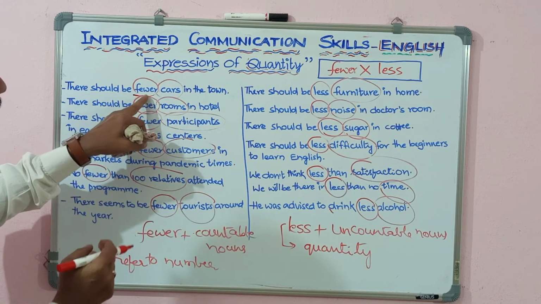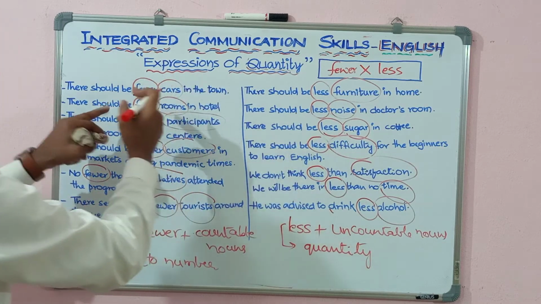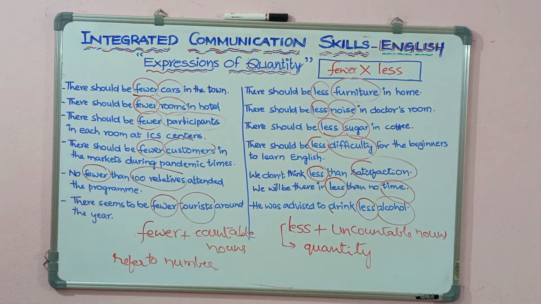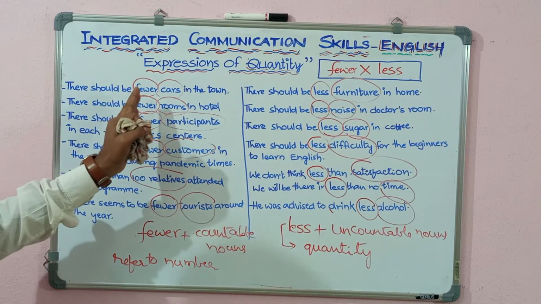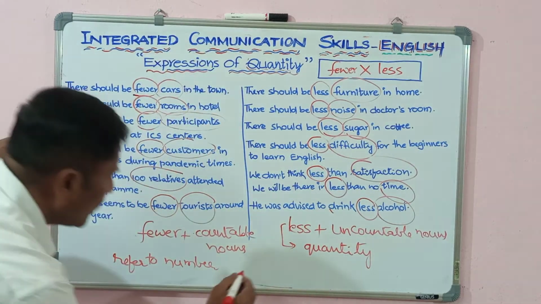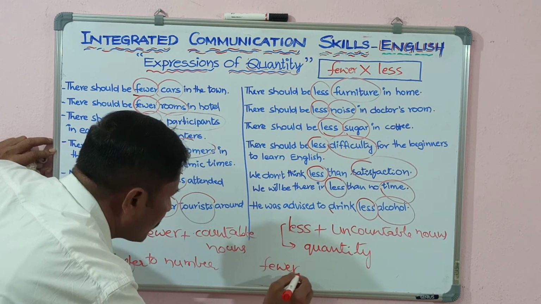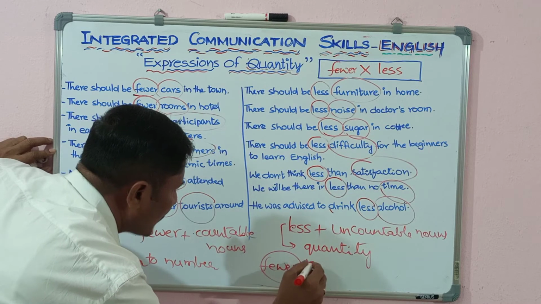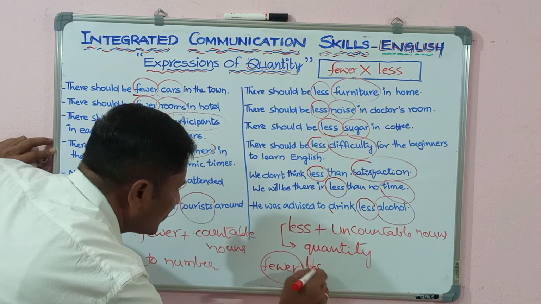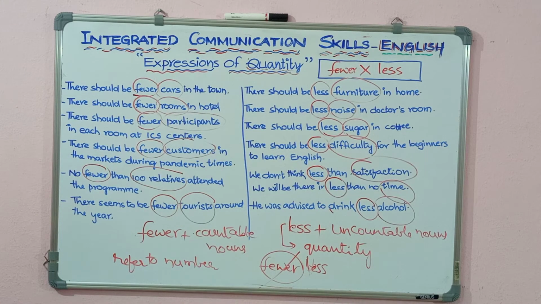Instead of fewer we use less, and instead of less we use fewer. That is the great mistake that we generally make while using these. While there is need to use fewer, you use less. It is the mistake that we commit generally. So don't use like that.